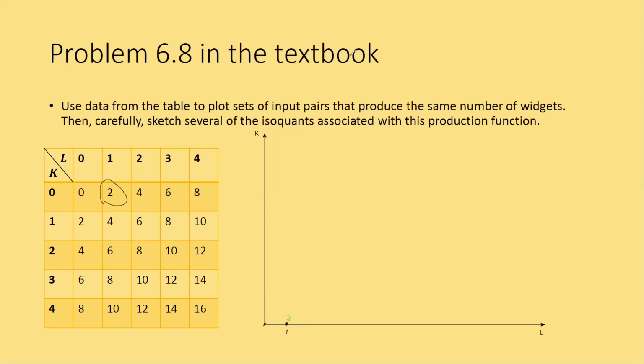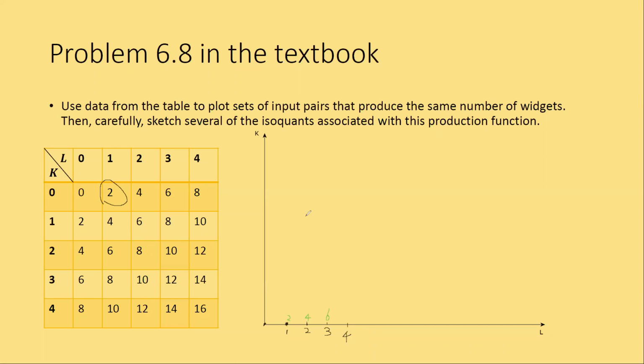Now, if the firm uses 2 units of labor and 0 units of capital, that is this point, and the firm produces 4 units of output. Similarly, if the firm uses 3 units of labor, the firm produces 6 units of output, and 0 units of capital, of course. Let me do the rest in a pretty fast way.